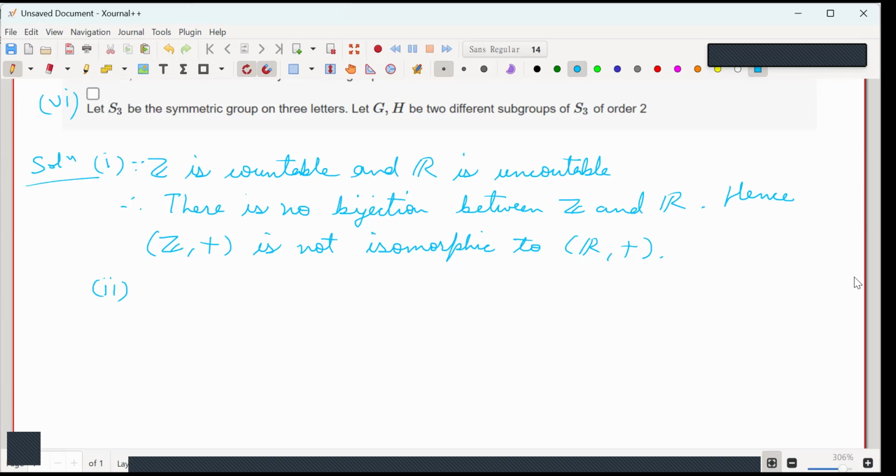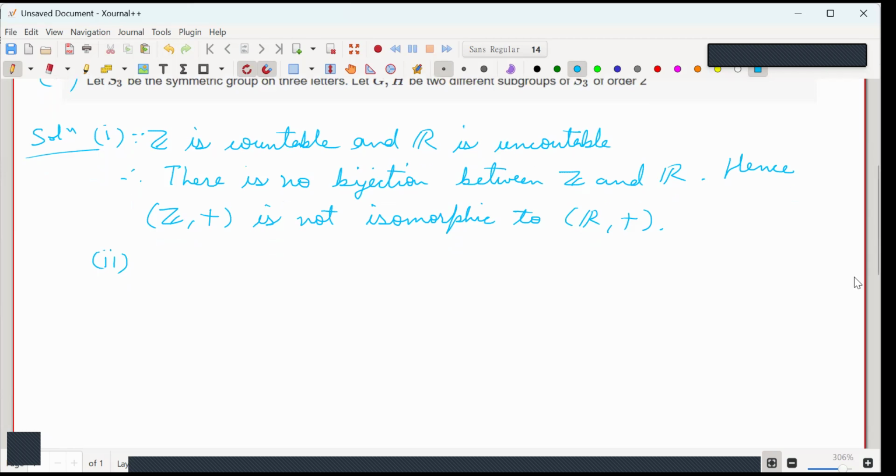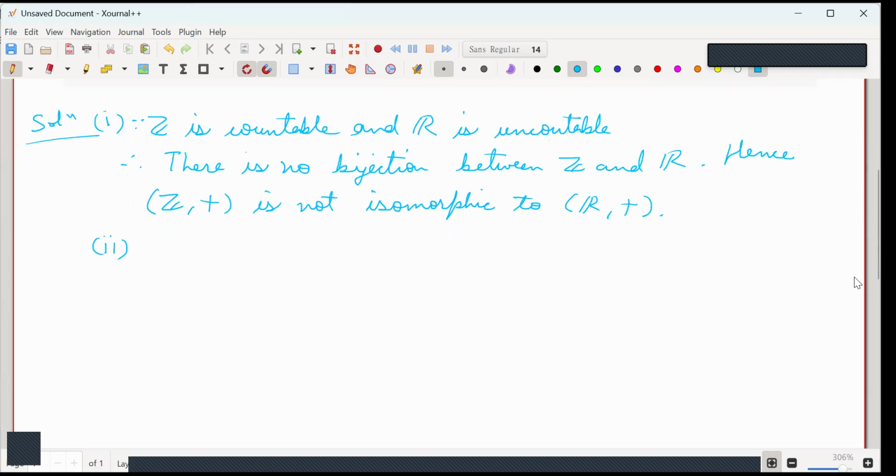So there can be more than one proof to show that they are not isomorphic, and almost every proof uses the fact that phi of 1 maps to 1, because that's the basic information we have about the homomorphism, right?